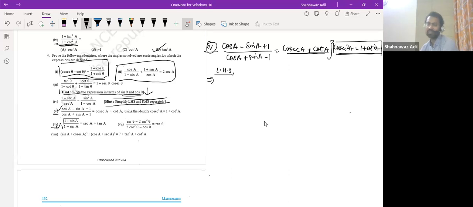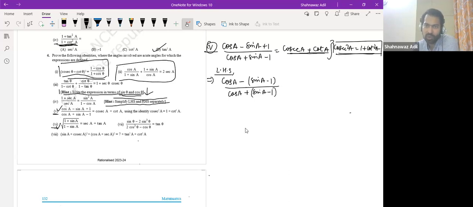We rationalize the term, right? So to simplify that, we rationalize it. So what we'll do in this question is write it like this: cos A minus (sin A minus 1) in the numerator, and cos A plus sin A minus 1 in the denominator.